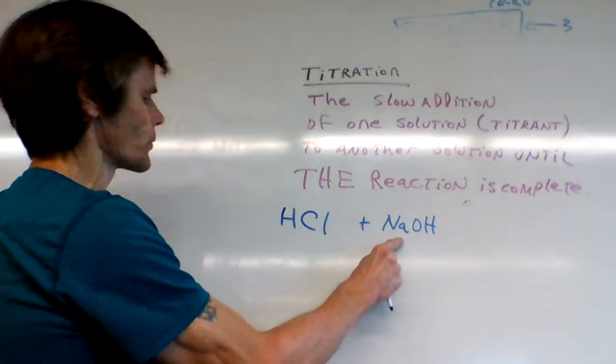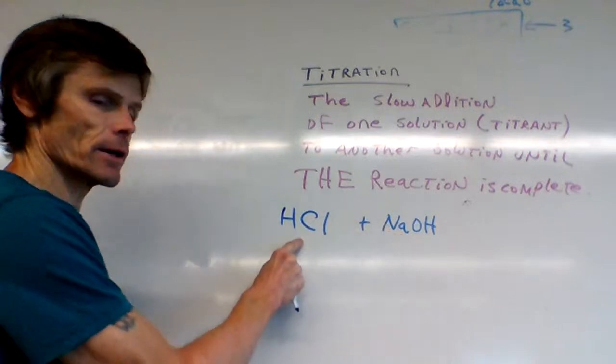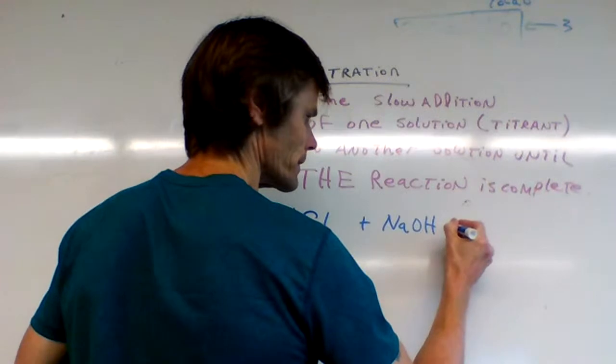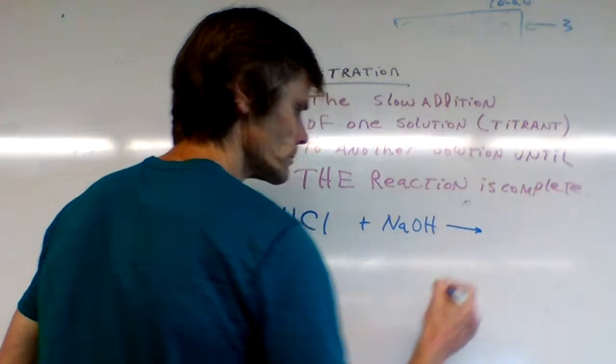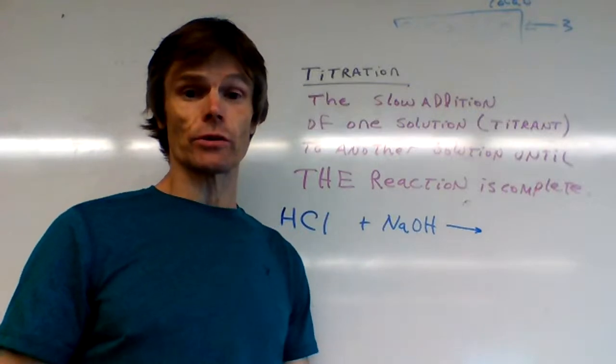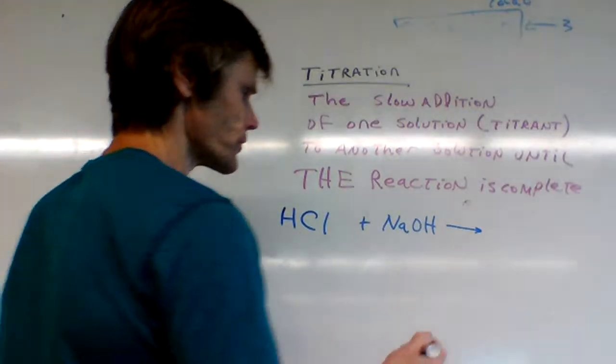Once we've added just the right amount of sodium hydroxide to react with all the HCl that's present in that environment, we're going to end up, for an acid-base neutralization reaction, with a salt.